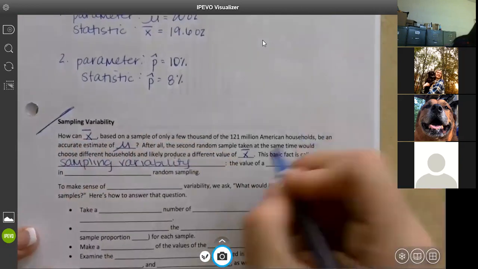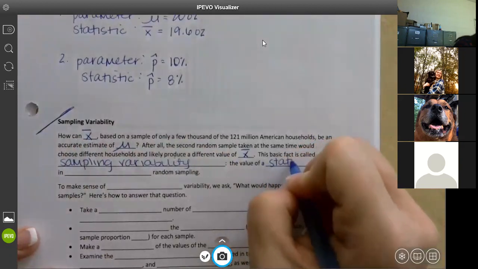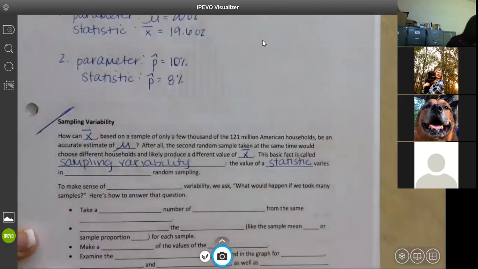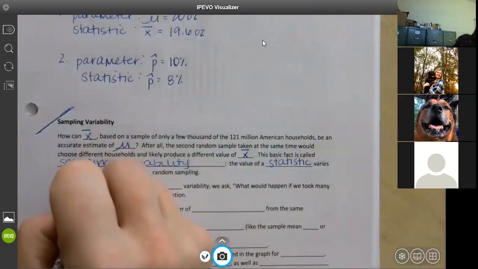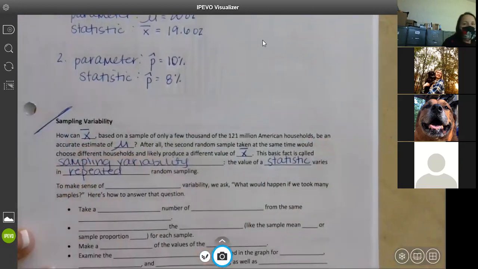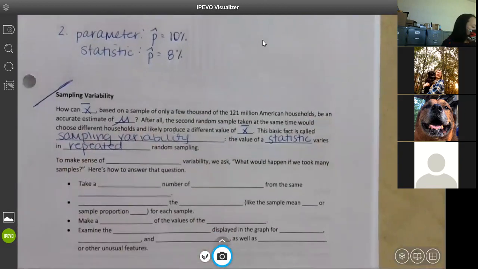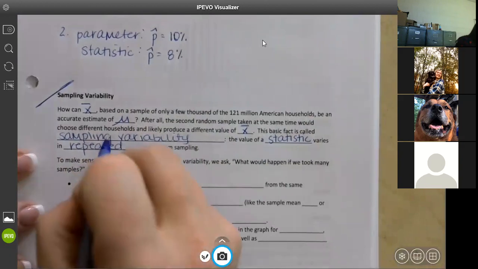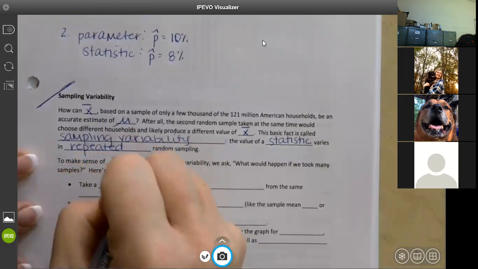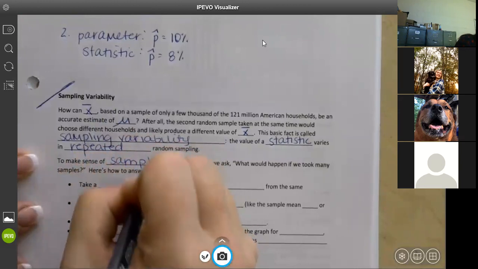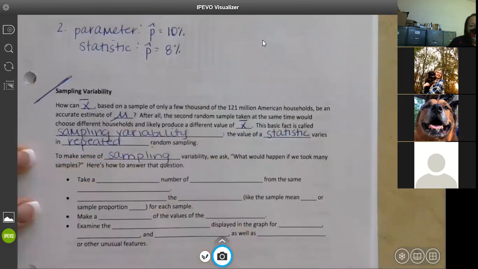The value of a statistic varies in repeated random sampling. To make sense of the sampling variability, we ask what would happen if we took many samples, and here's how to answer that question.